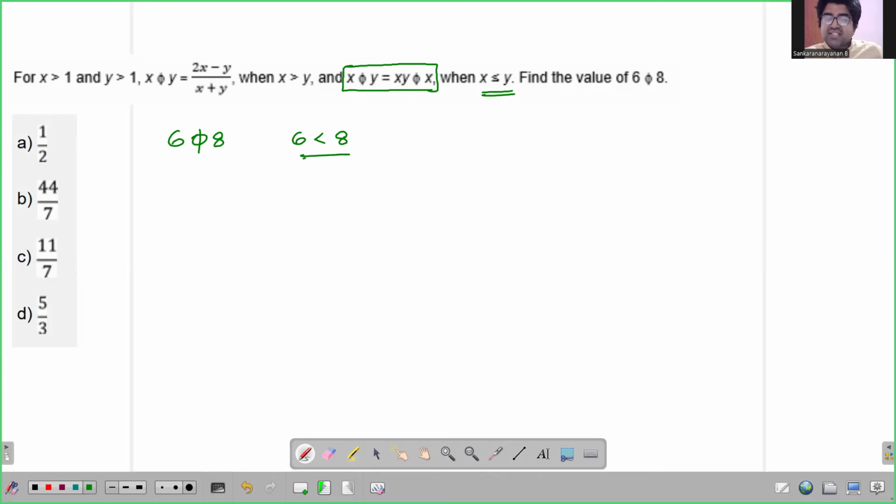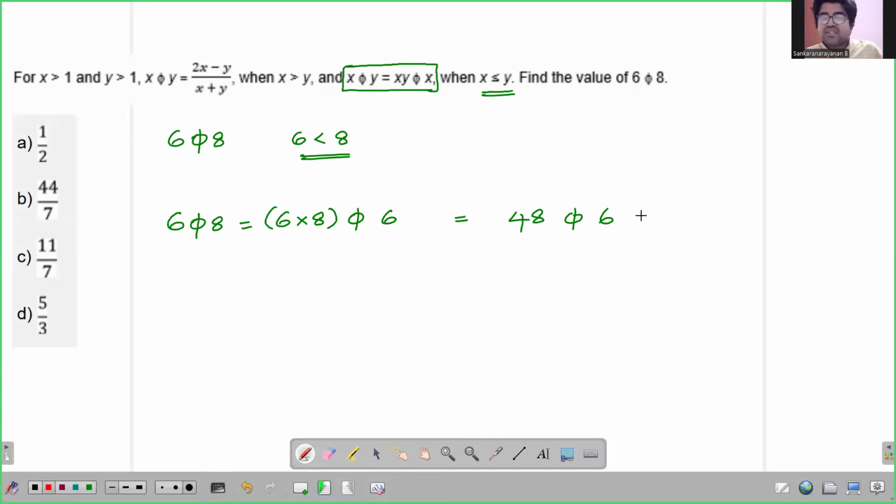So as 6 is less than 8, I can see 6 phi 8 is nothing but 6 into 8, that is 48 phi x. x is nothing but our 6. So this is as good as 48 phi 6. I hope this part is clear to you.